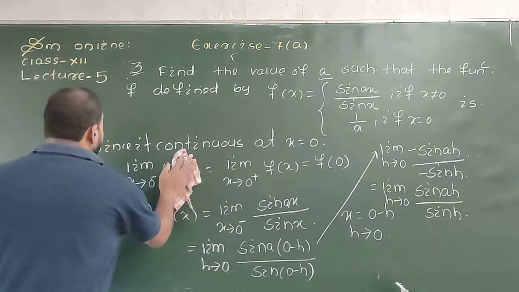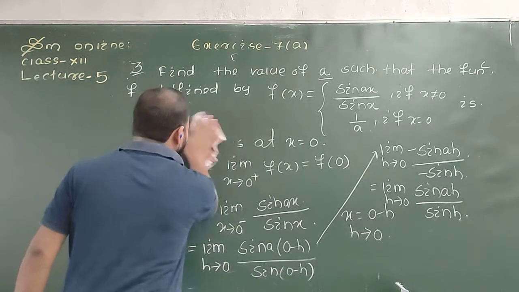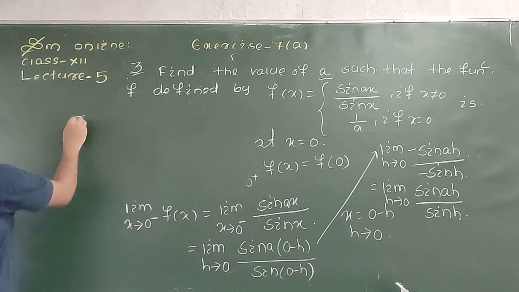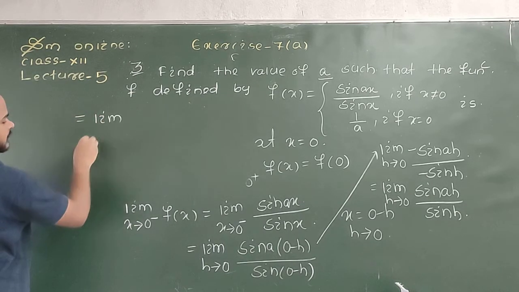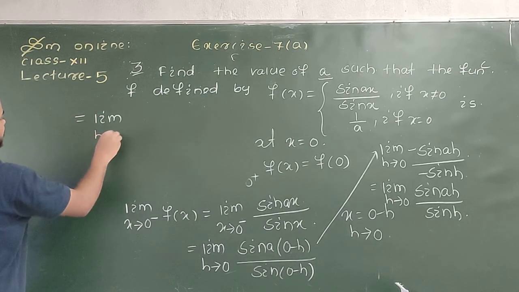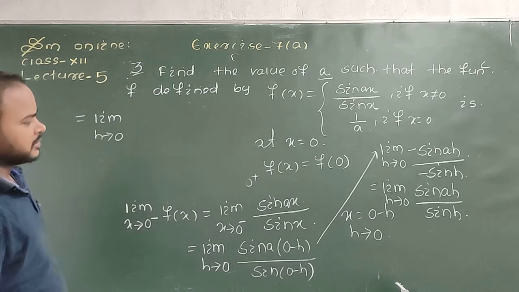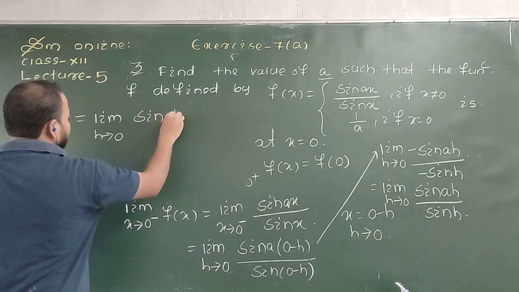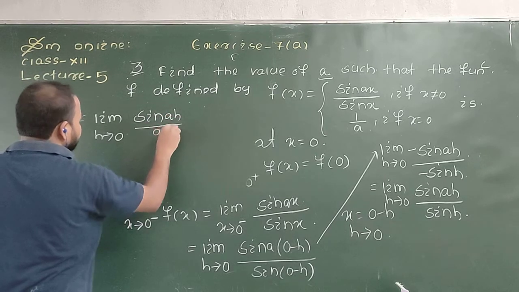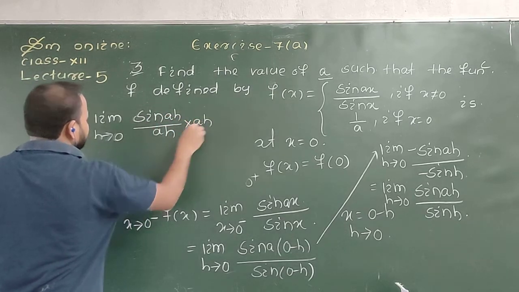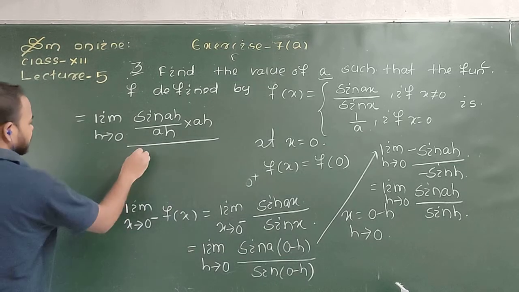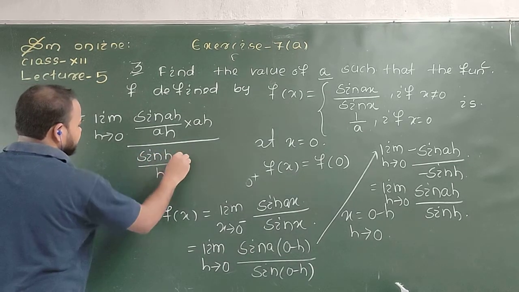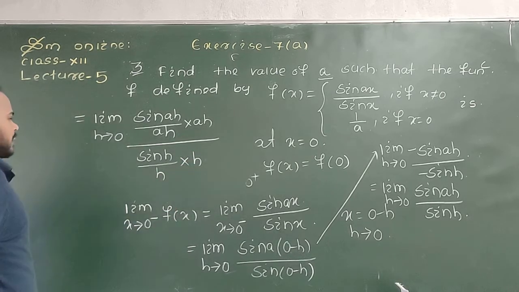So here it will be equal to limit h tends to 0 sin ah upon ah into ah, divided by sin h divided by h into h.